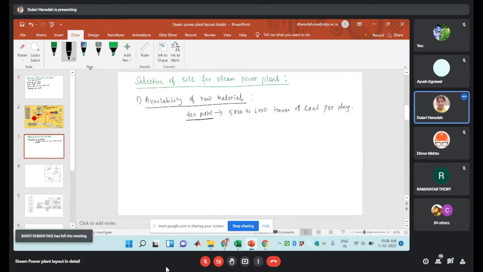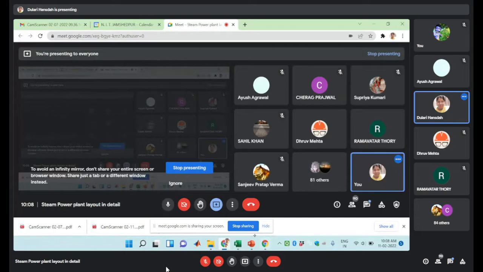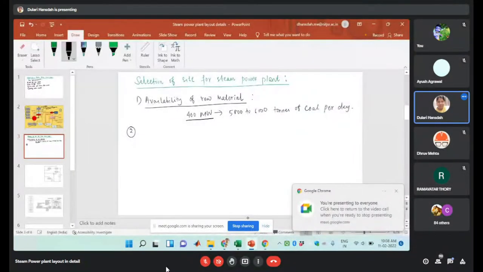So the availability of raw material is very much important in the selection of the site of the steam power plant. So second one is the nature of your land.